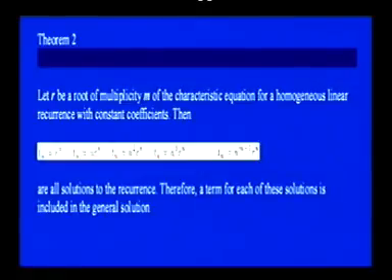Theorem number 2 talks about the second case actually. The first case we have seen that we will have roots and all the roots will be distinct, but in many equations we will get repeated roots actually. Say for example, I may get values something like 1 comma 2 comma 2 comma 2.